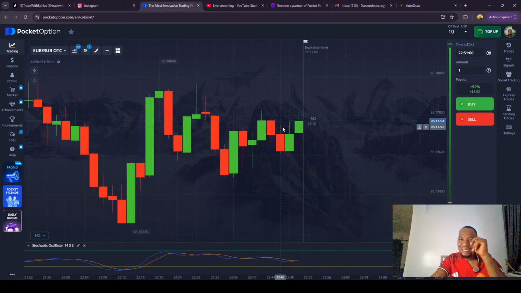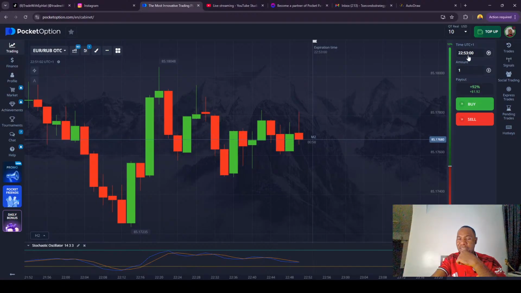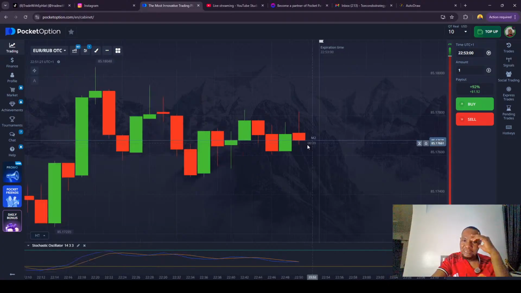We are using M2 currently. It means that at exactly 22:53, whenever you enter before then, your expiration time is going to close at 22:53, which is equivalent to one candlestick. So if I had entered this trade now, this trade is going to end when this candlestick closes. So that is the meaning of the flag mode.